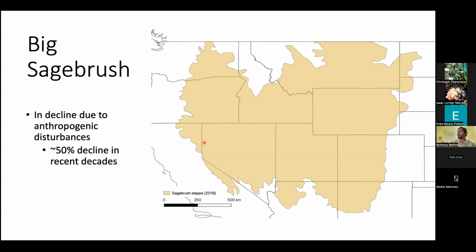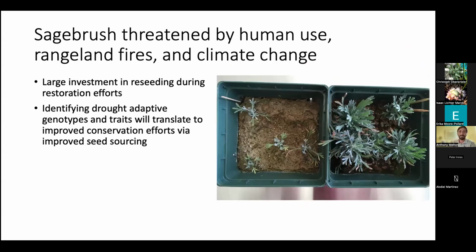So within this outline, which shows a fairly recent survey of the sagebrush steppe in 2019, it is becoming increasingly patchy within this distribution. And in recent decades, it's declined by around 50%. So this really economically and ecologically important habitat is under quite a bit of danger due to these big declines.